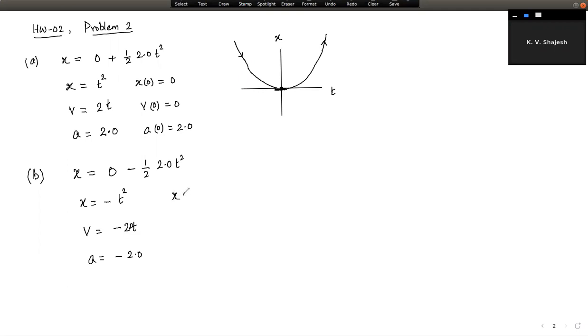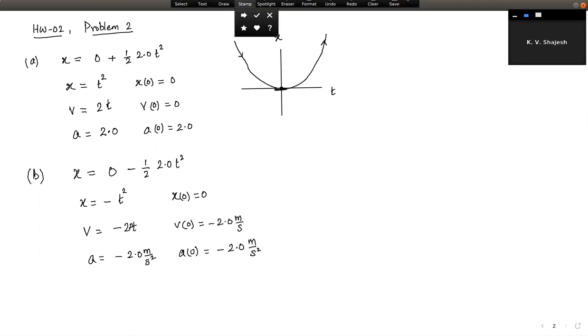Again, at time t equal to 0, the position is 0. Velocity at time t equal to 0 is now minus 2.0. And just to put in the units there, let's say meters per second. And acceleration, so this is also meters per second square. Acceleration at t equal to 0 is minus 2.0 meters per second square.